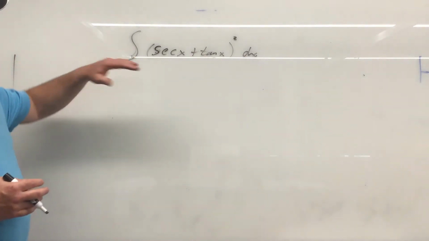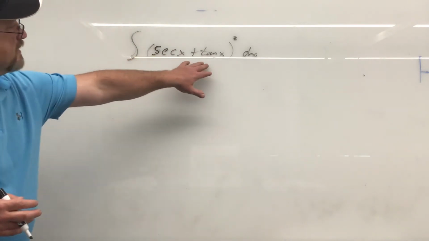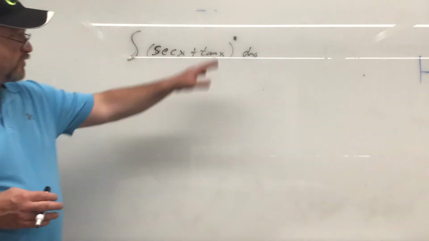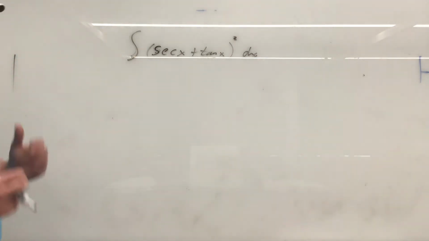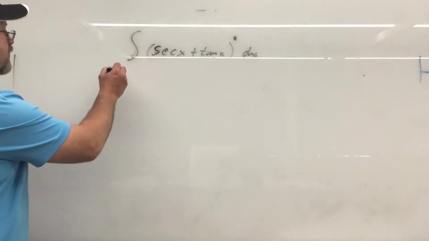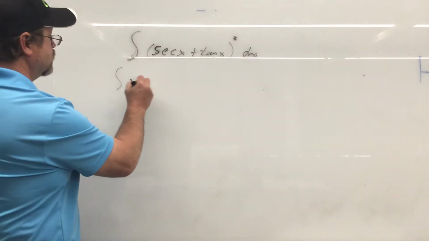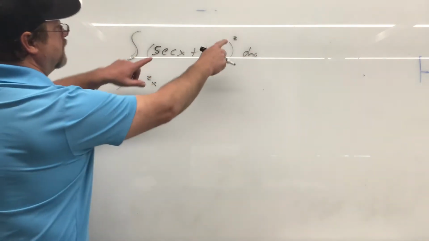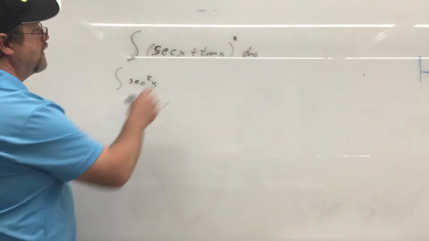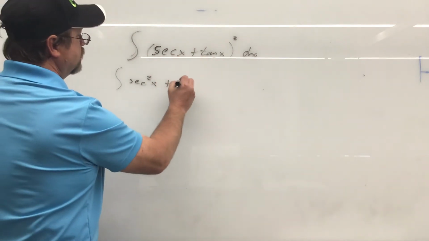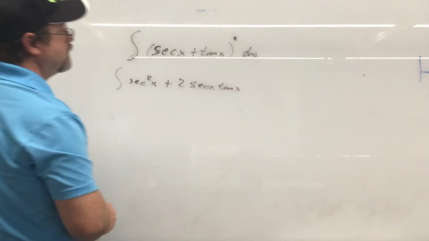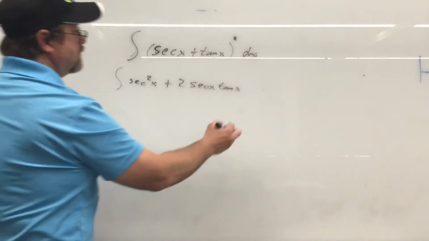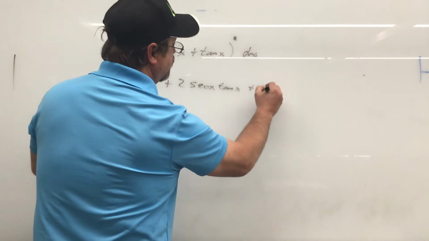This is a binomial that I am squaring, a basic FOIL method: secant x plus tangent x times secant x plus tangent x. If I square that out, I'll get secant squared x, first times first, then 2 times the product of those two, and finally the last term squared.